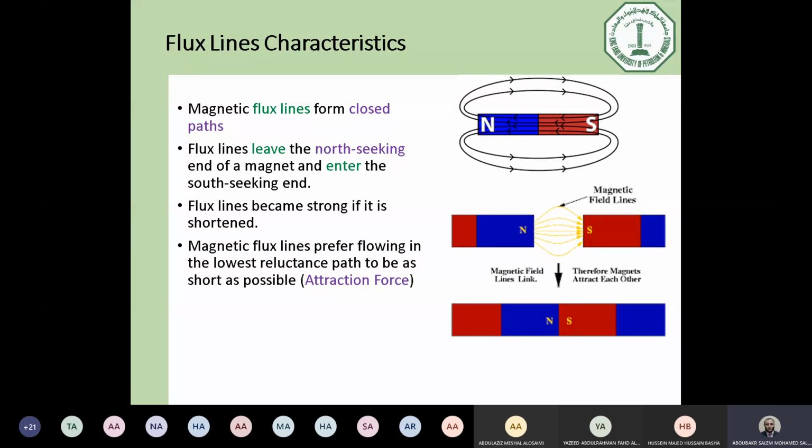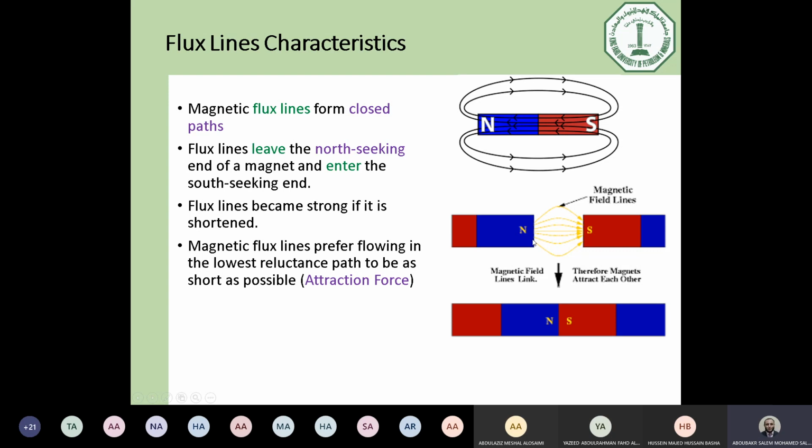So the characteristic of the magnetic field lines itself is that it works all the time to decrease its length and tries to move in straight lines. If we have larger magnets, you will find all of the lines are moving straight.